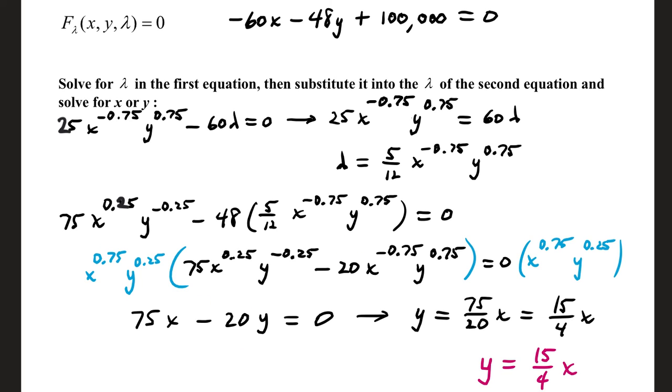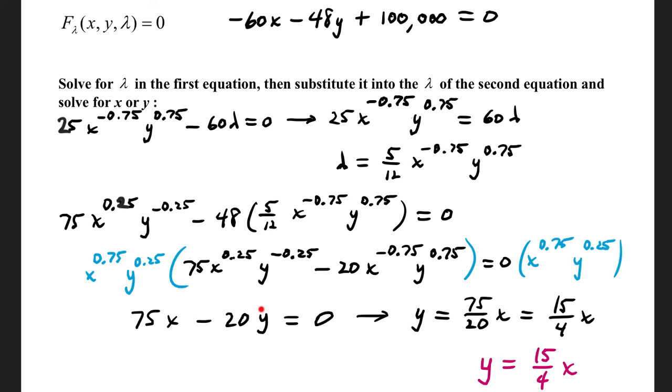X to the 0.75 plus negative 0.75 makes the x's add up to 0, so that's why there's no x anymore. Y to the 0.25 plus 0.75 makes it y to the first. So if you're careful when you multiply both sides, you can eliminate all your fractions and or decimal exponents.